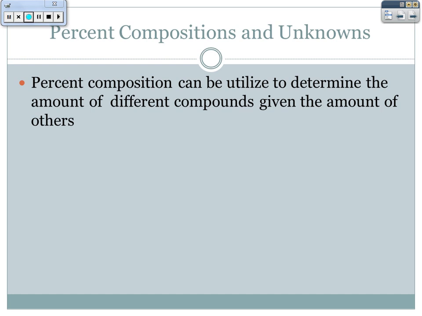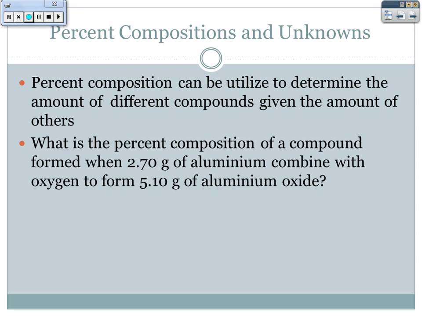Alright. We can also use percent compositions to help us with unknowns. We can utilize this information to determine different amounts of compounds given the amount of others. So what is the percent composition of a compound formed when 2.70 grams of aluminum combine with oxygen to form 5.10 grams of aluminum oxide?